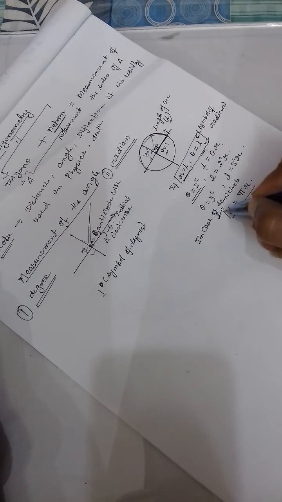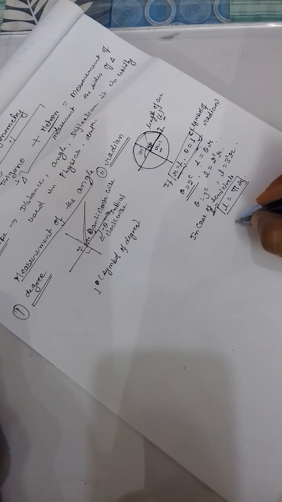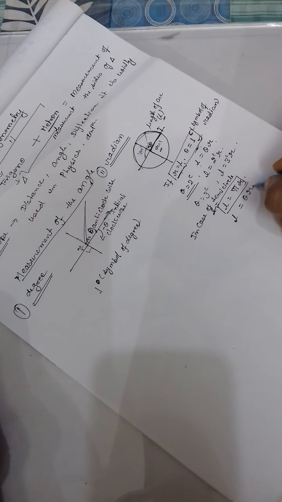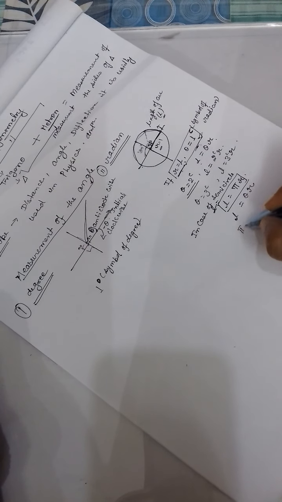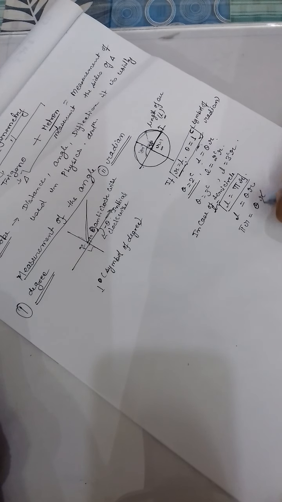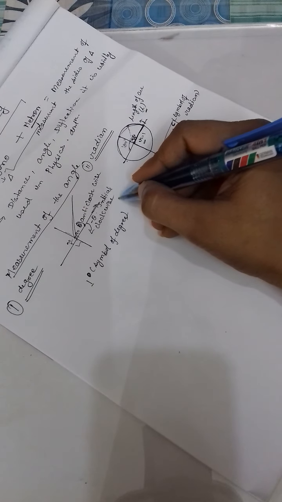L is equal to pi r. In that case, L is equal to theta into r, so we put pi r is equal to theta into r. This r gets cancelled. Theta is equal to pi. So in the case of tracing a semicircle, theta becomes pi.